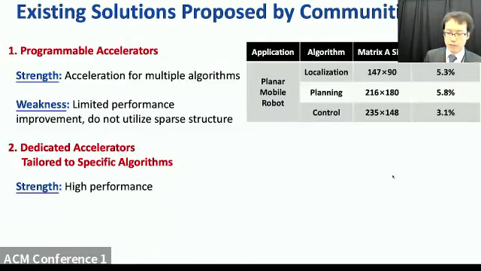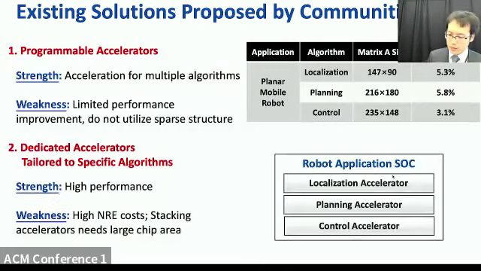The other direction is to design dedicated accelerators, which achieve high performance, but sometimes cannot generalize because of the significant differences between the robotic algorithms. Also, if we stack different accelerators for each stage, it will incur a large area and silicon overhead.